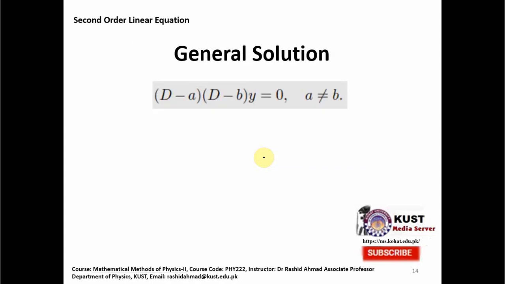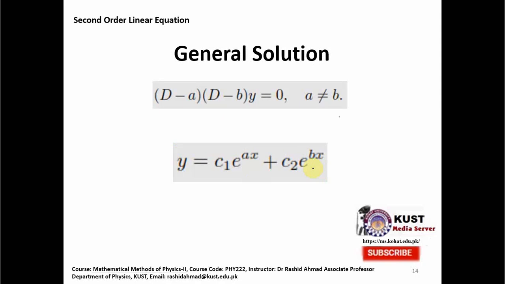Therefore, if we want to write an even more general solution, where instead of these constants we have some other constants, and in case a is not equal to b, then this is the most general solution you can see over here, because a and b are just now the roots, so we can just put it here in a and b form, and this is the most general solution we have got.